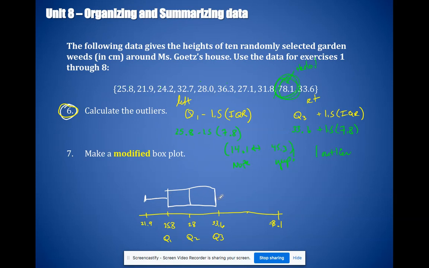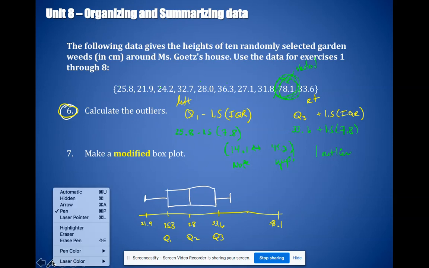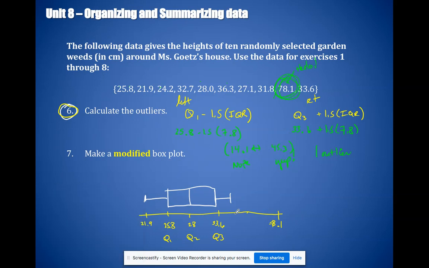But I'm only going to go a distance out here to 36.3. Where did that come from? Then I'm going to do this. This is my outlier. Okay. Where did the 36.3 come from?